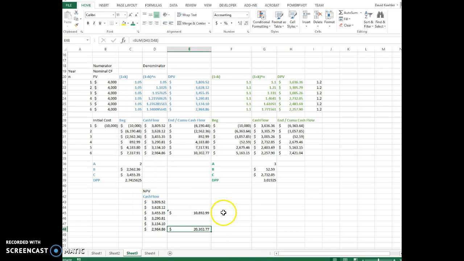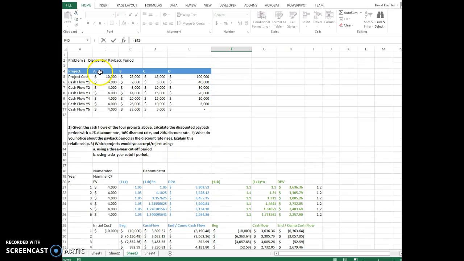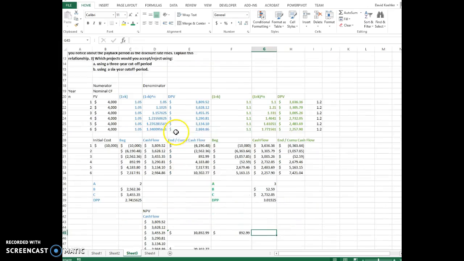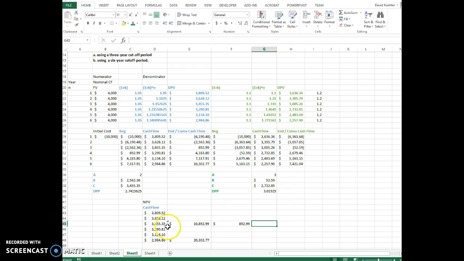So for 3 years, what's the initial investment? It was 10K, right? So this equals this minus the $10,000 initial investment. Boom. So our net present value at the end of 3 years is $892.99.